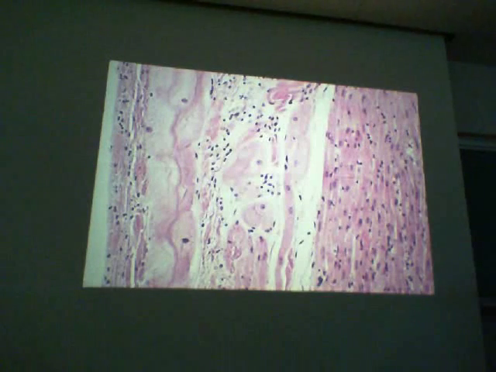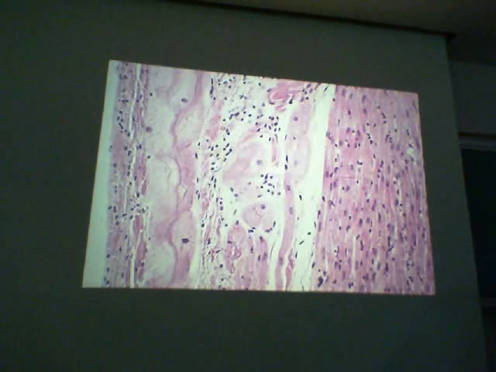Okay, how about these cells? Okay, we've got cardiac muscle right there, so these cells are what? Purkinje fibers. They're cells, but since they're in muscle, they are called fibers.